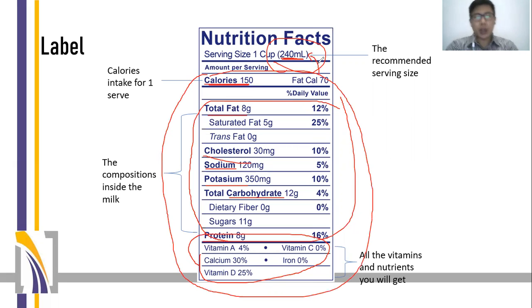So for example, if you take more than 1 cup, for example 2 cups, that means you will get twice the amount. So rather than 150, you will get 300. Rather than 8 grams, you will get 16, and so on. That's how you read the label.